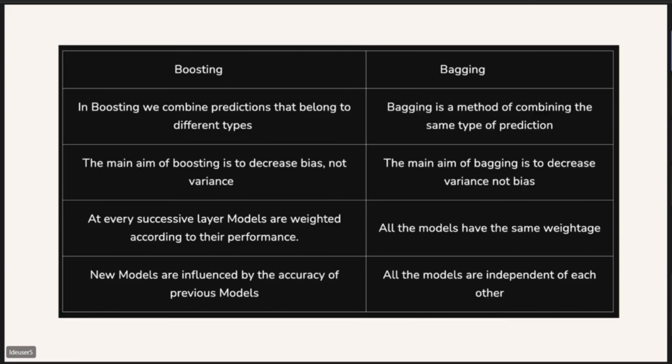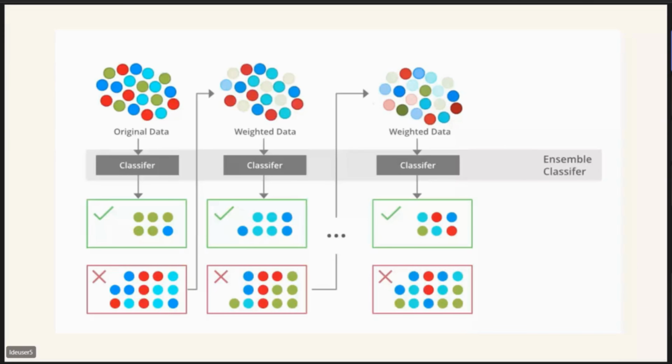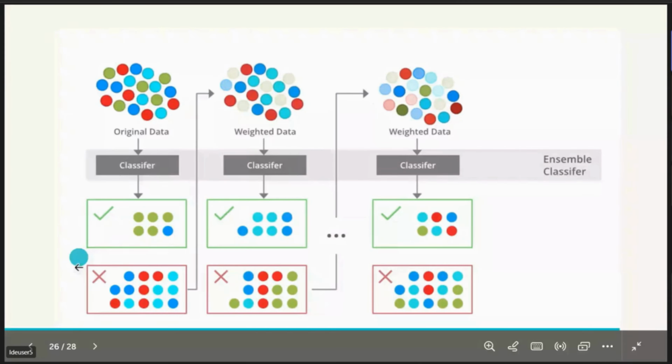And new models are influenced by the accuracy of previous models, whereas in a bagging technique, all the models are independent of each other. Okay, so if there are 10 decision trees, some are telling it is class A, some are telling it is class B, right? One says this is a cat, another says this is a bird; what one model says about cat has no relation to what another model says. They are working independently. But in the case of a boosting algorithm, as you can see here in the image clearly, the previous model has some influence in the next model, right?